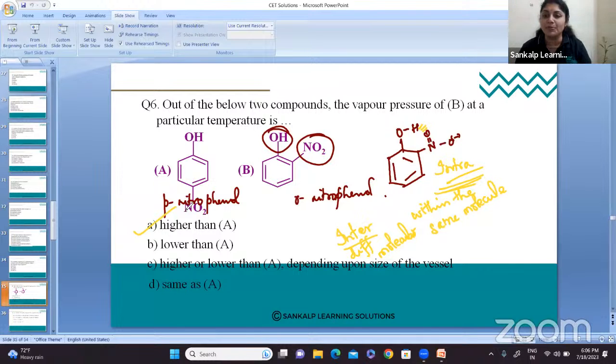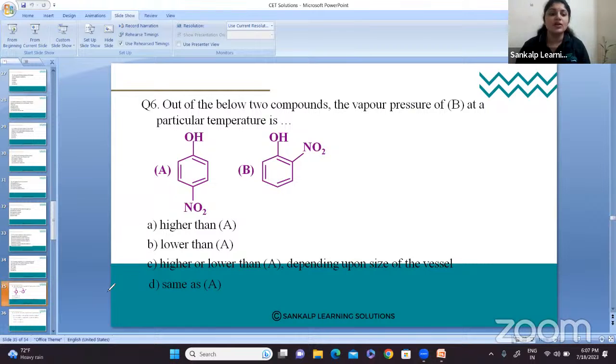Why? Because of intramolecular hydrogen bonding, the interaction is between atoms within the same molecule. Because of this, the vapor pressure of B is higher than that of A. So option A is the right answer. We'll go for the next one.